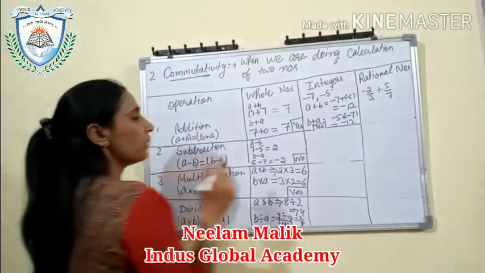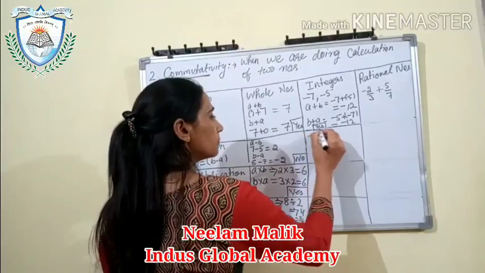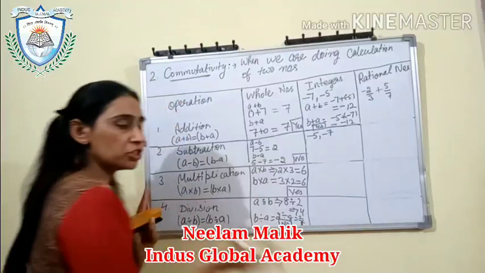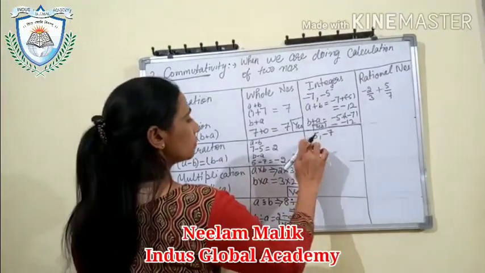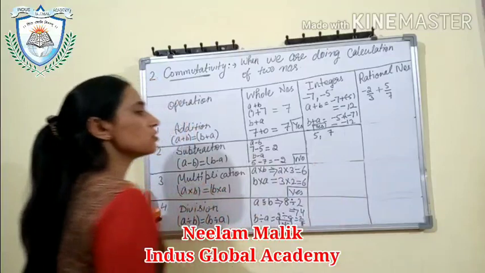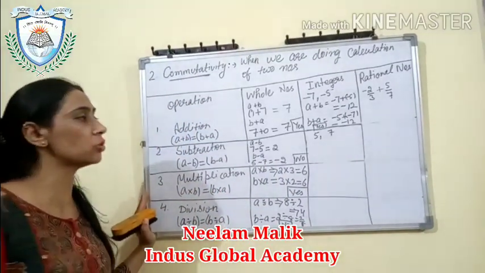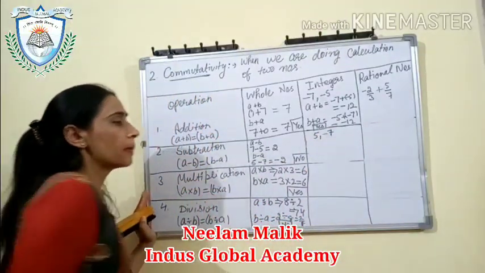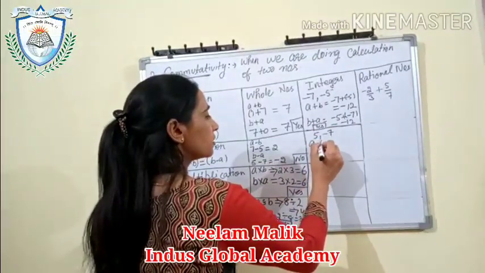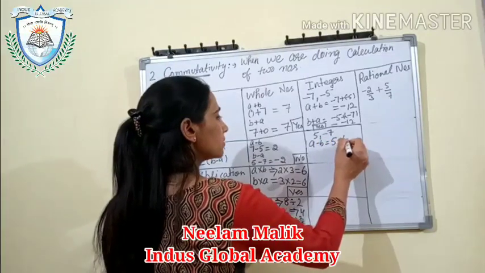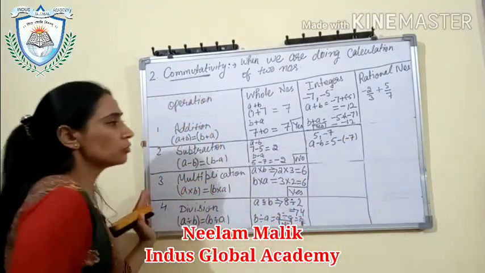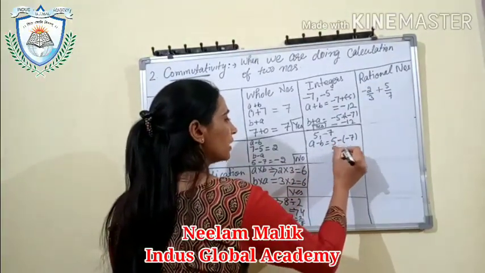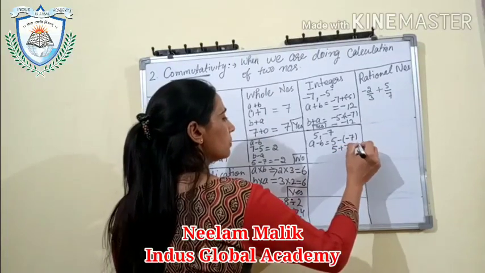Suppose I have 5 and minus 7. You can take any positive number also. So let's take a positive, because integers contain all positive numbers, negative numbers and 0 also. So I have these two numbers. So a minus b, that means 5 minus minus 7, that means it will be 12.